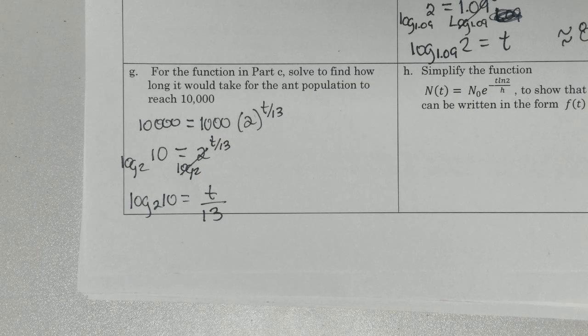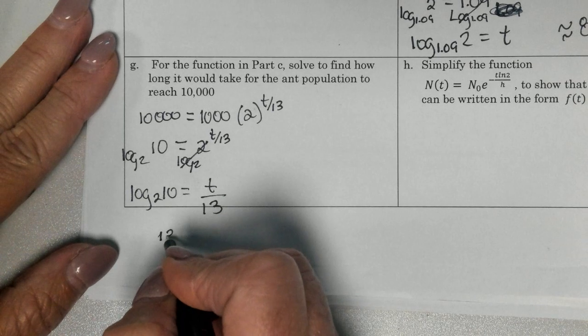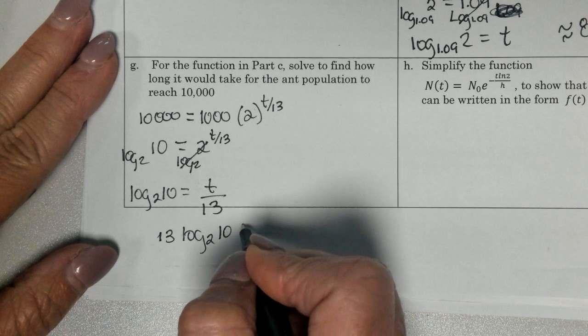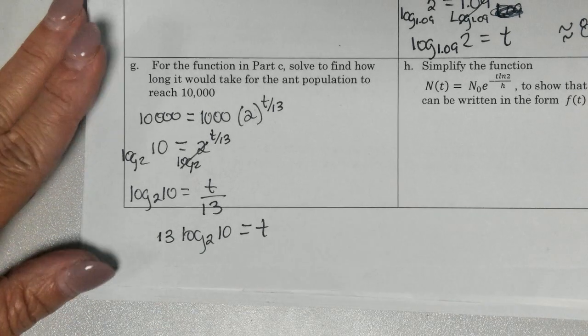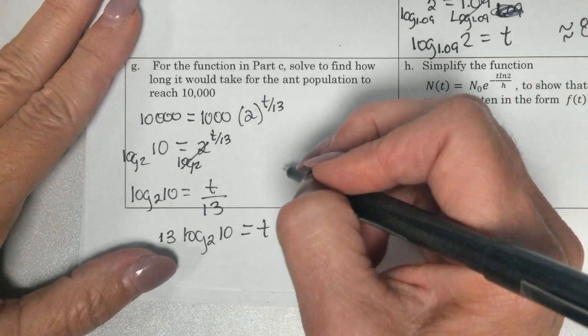Okay. Now, what would be the next step? Multiply by 13. So you're going to type into your calculator 13 times log base 2 of 10. 43.18. Okay, so if we do it by the nearest day, it'd be about 43 days.